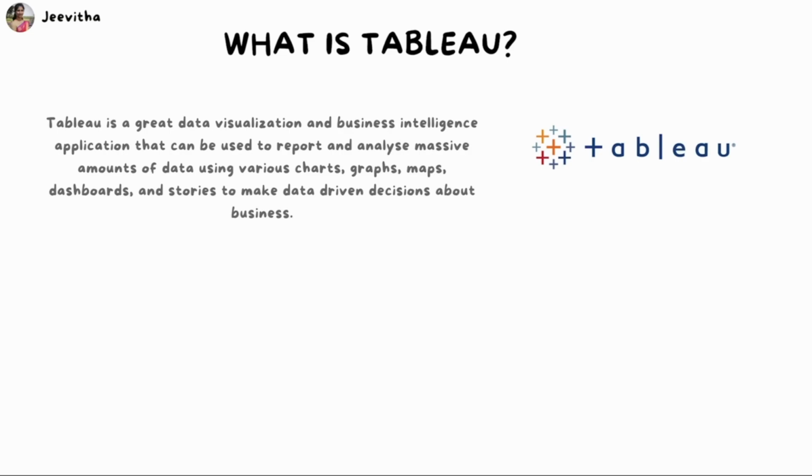Tableau is one of the great data visualization and business intelligence applications that can be used to report and analyze massive amounts of data using various charts, graphs, maps, dashboards, and also stories to make data-driven decisions about the business. Whenever you have data, with the help of Tableau you can analyze the data by creating stunning graphs, you can create tables, and not just that, you can also create story points and dashboards, so that stakeholders can understand the business in a better way.